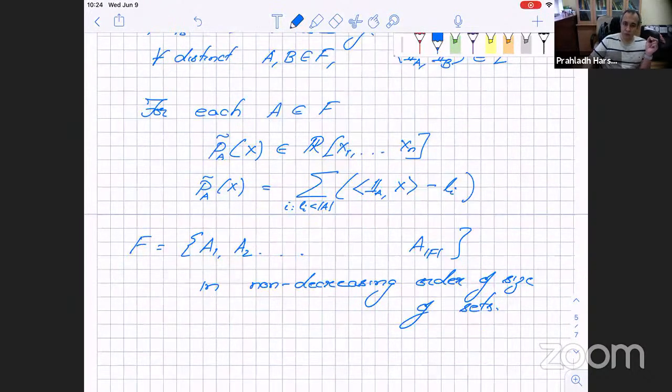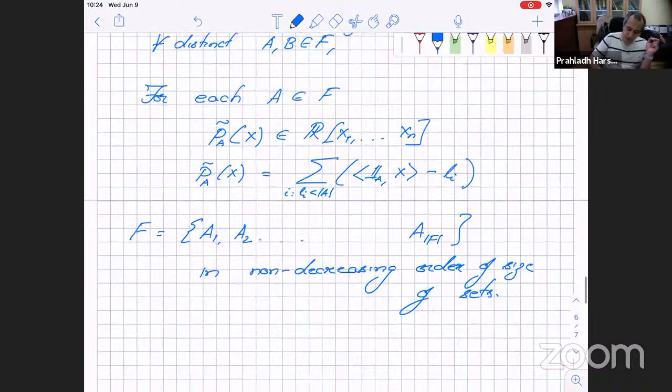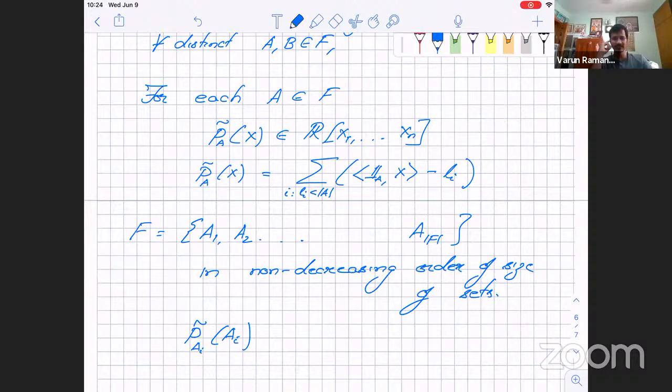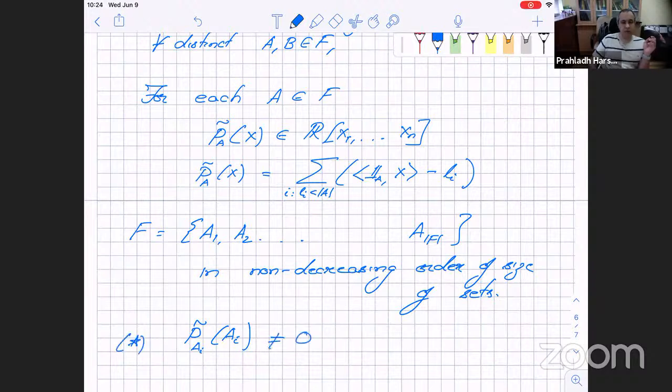Now let's ask, what is P tilde of A_i at 1_{A_i}? Can it be 0? No, because every l_i is less than the size of A. That's the first observation I want to make. This is not equal to 0.